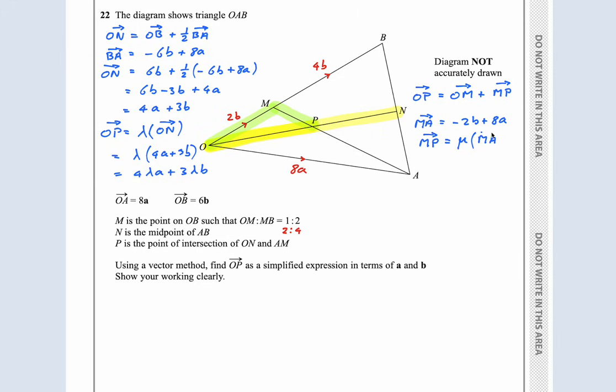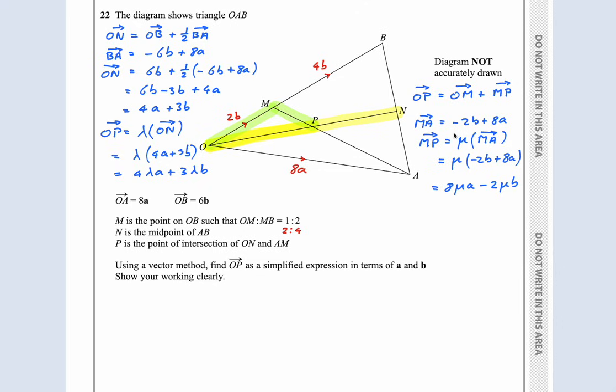Some fraction, we don't know what it is, but we're going to equate them and find what that fraction is. So MP is mu times minus 2b plus 8a, which is equal to, I'll start with the a, 8 mu a minus 2 mu b.